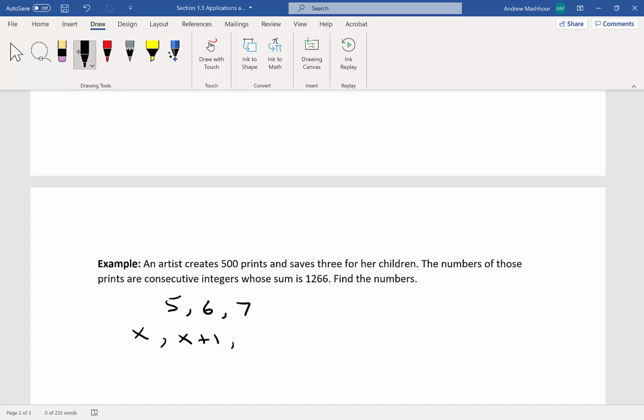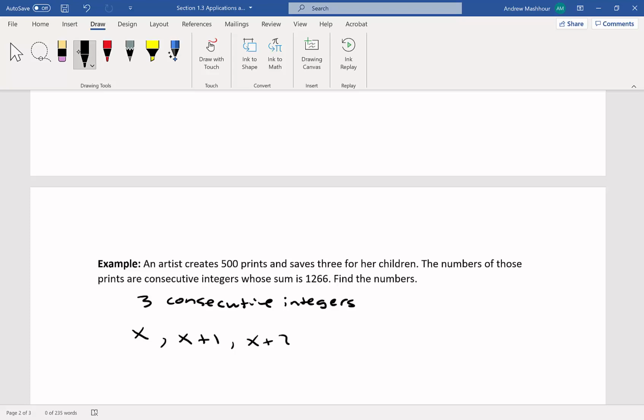And how do I get to my third one? Remember, we're referencing our first integer. How do I get from 5 to 7? I added 2. So our third integer would be x plus 2. So these are 3 consecutive integers.